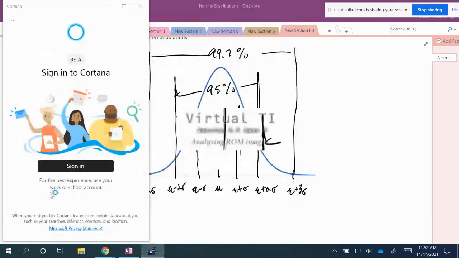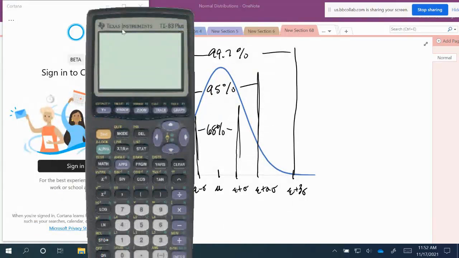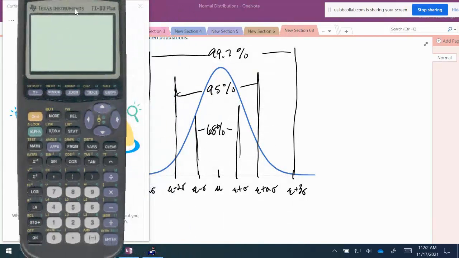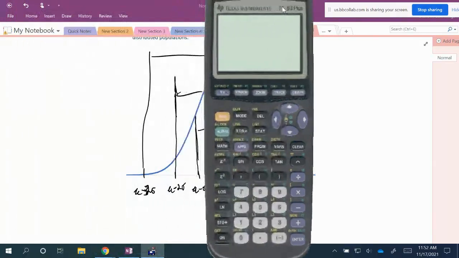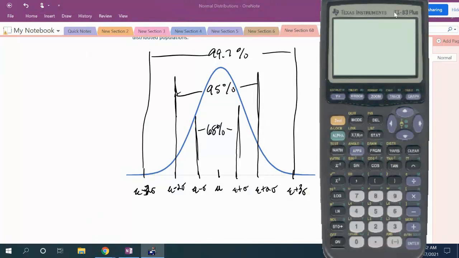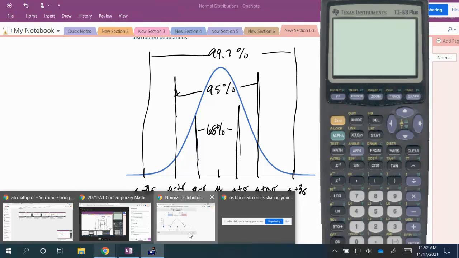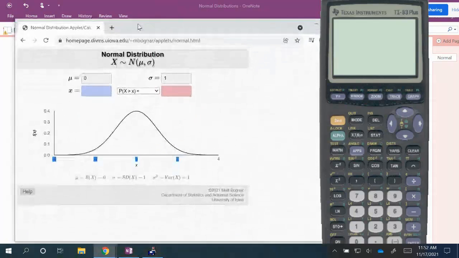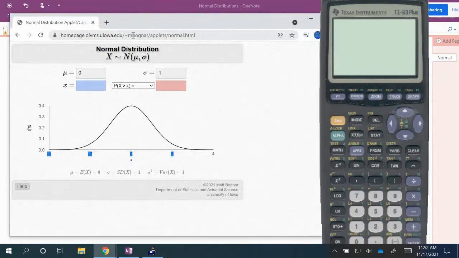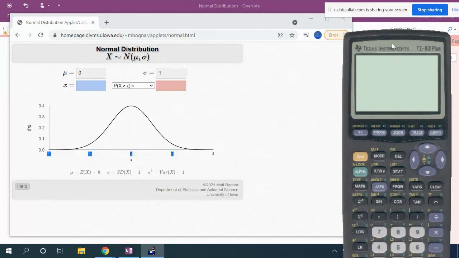But if you've taken our classes here, we use the TI-83 in our other courses. So if you have one, I'll go through the steps using this calculator. There's also a normal distribution website. Okay, and I'm going to pull up this website. I'm actually going to post it in the announcement section. And you can follow along and use this normal distribution calculator as well.